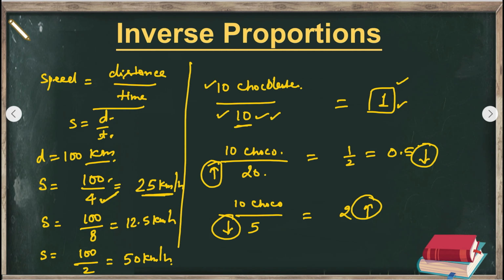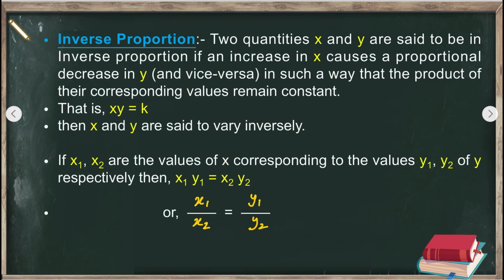If we decrease the speed from 25 to 12.5, the time taken increases. Similarly, if we increase the speed, the time taken decreases. So this is another example of inverse proportion, where an increase in one quantity causes a decrease in the other one, or a decrease in one will increase the other one.